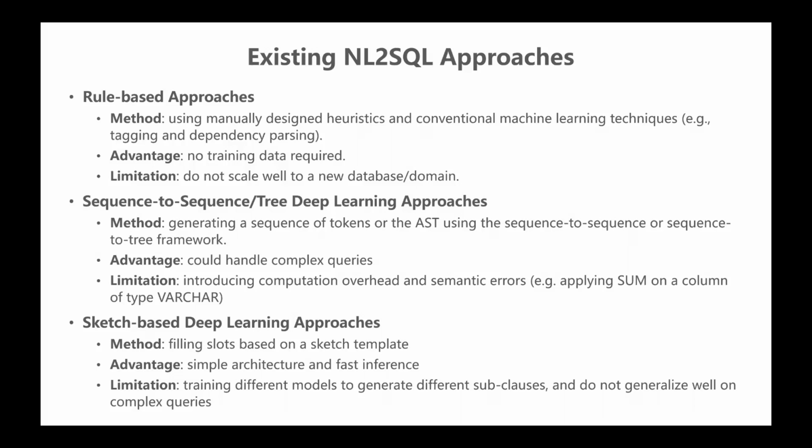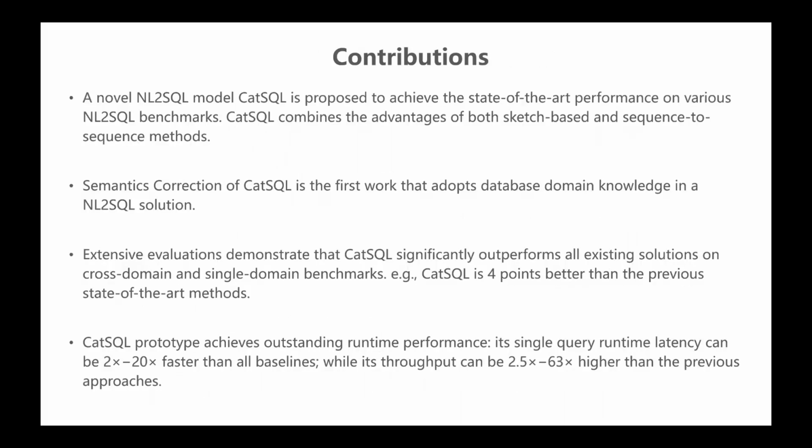However, the accuracy of previous slot-filling approaches is typically low compared with the sequence-to-tree methods. The reason is that the sketch-based methods design multiple independent networks for different clauses and thus do not generalize well to complex queries.